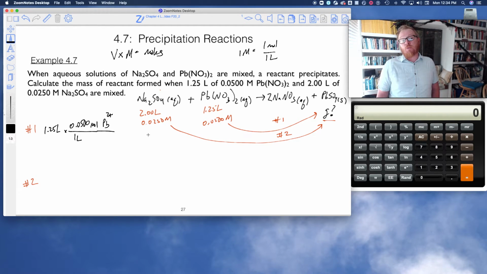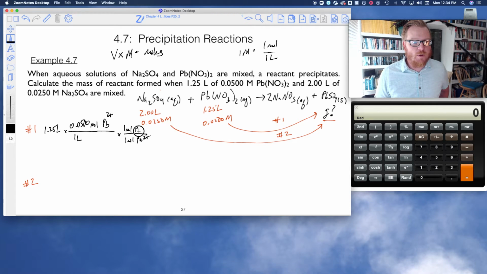And I'm just going to write Pb2+ because really that's the stuff that's reacting. We could have written lead sulfate there and that would have been okay, but I recognize that it's really the lead that's important. And in this reaction, 1 mole of lead nitrate makes 1 mole of lead sulfate. So I can say now 1 mole Pb2+ makes 1 mole of PbSO4.